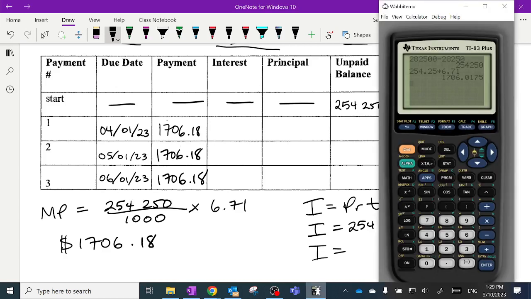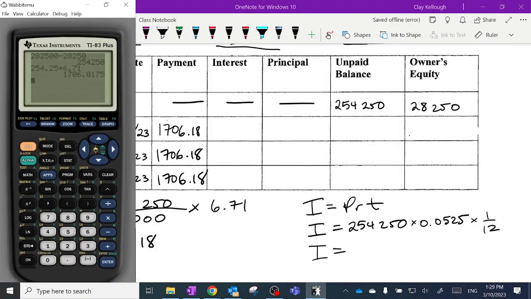And now we move the calculator over and we punch buttons. So 254,250 times 0.0525 divided by 12. And I think I explained that the other day, right?